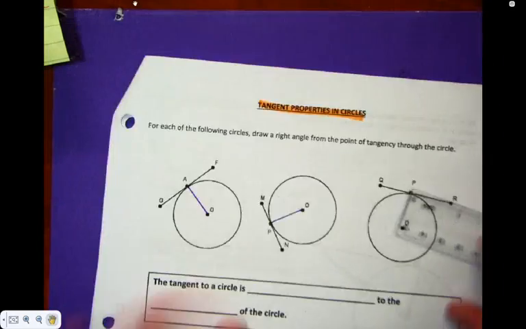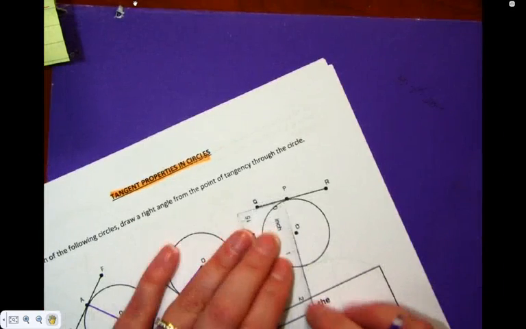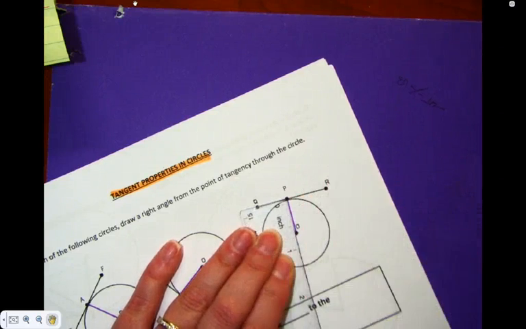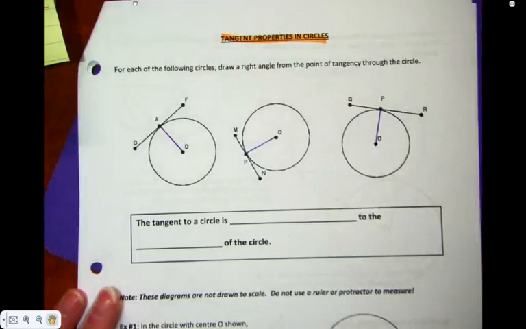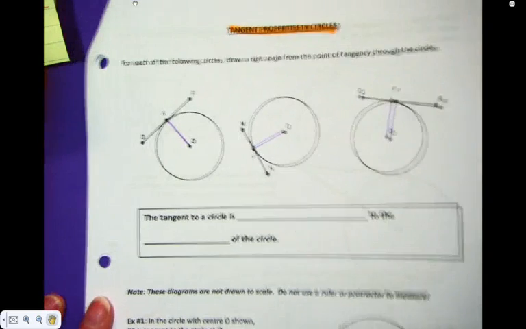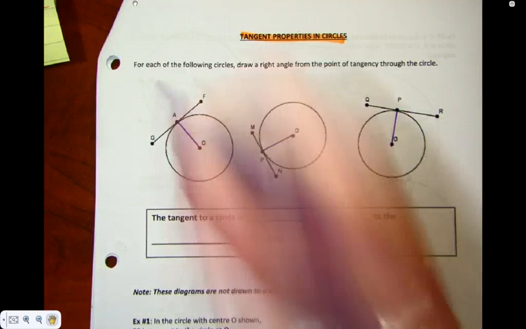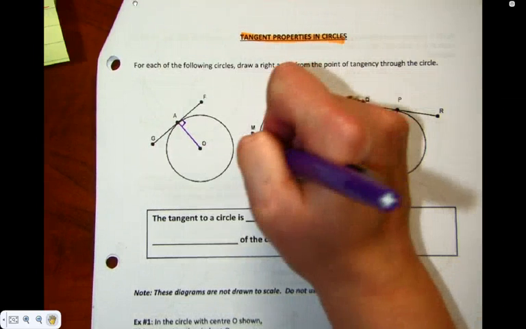What do you think might happen with the third diagram? I'm going to put in that little right angle symbol because that's the heart of this property.